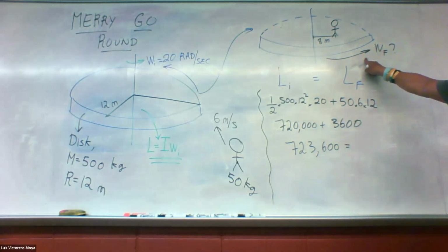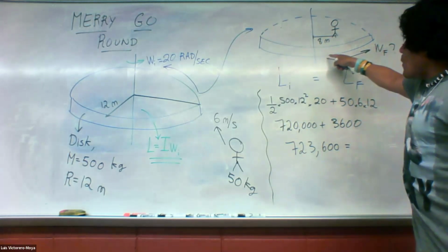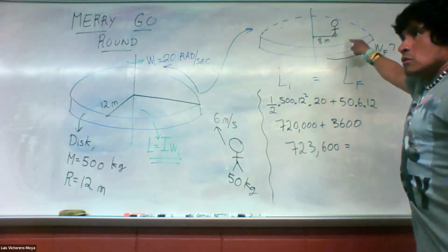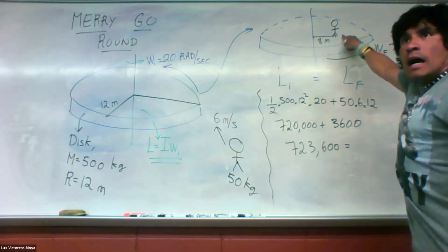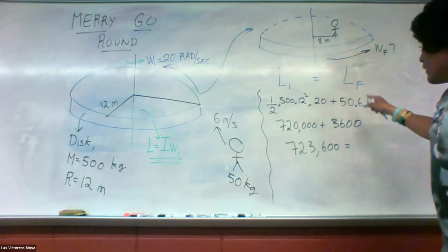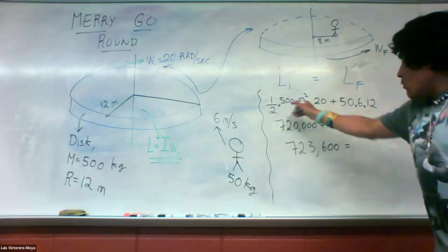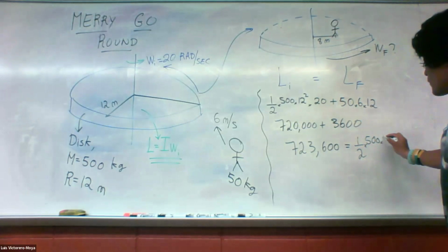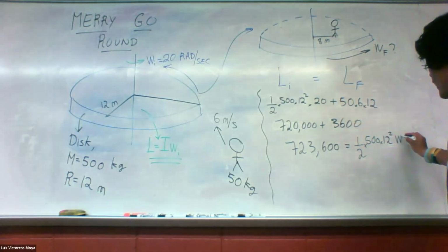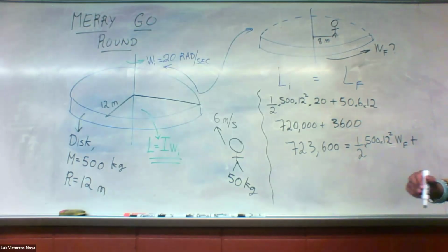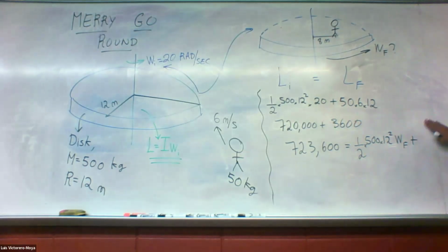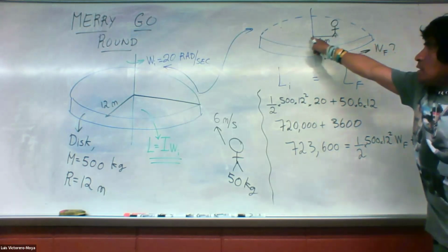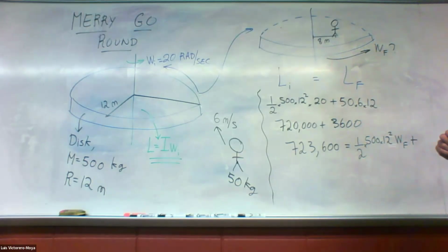The final will be the IW for the merry-go-round and the angular momentum of the person. For the merry-go-round it will be 1/2 times 500 times 12 squared times W final, plus, okay, now I need the angular momentum of the person 8 meters from the axis of rotation. So how can I write that using W?